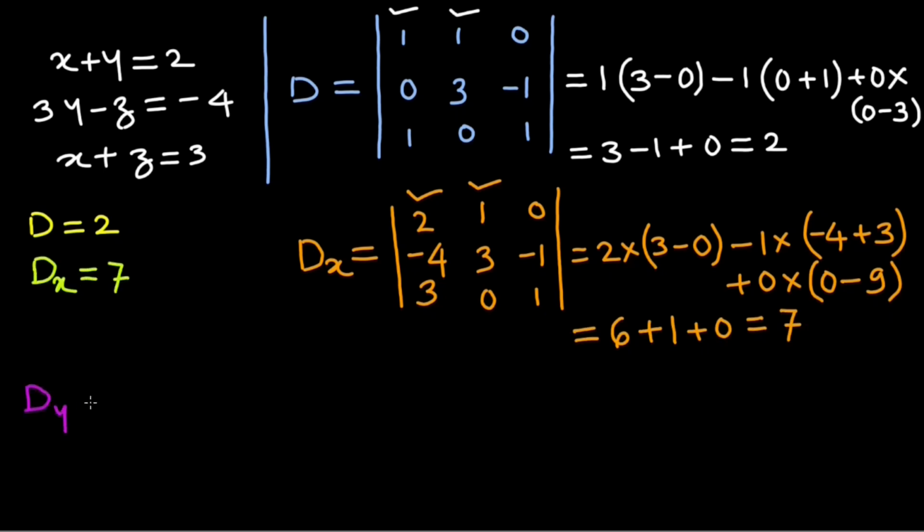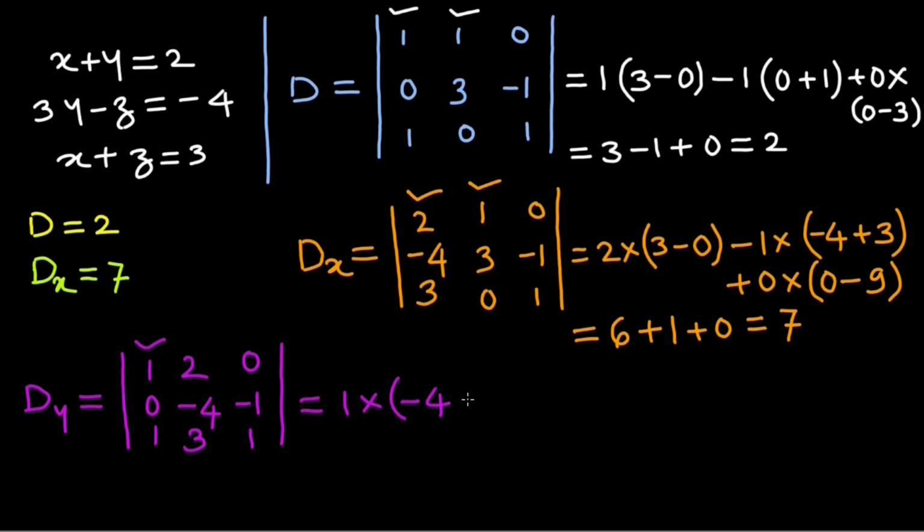Then Dy equals coefficients of x: 1, 0, 1. Replace coefficients of y by the constant terms 2, -4, 3. Then coefficients of z: 0, -1, 1. It will be the first element 1 multiplied by its minor, which will be -4 plus 3. Then minus sign.